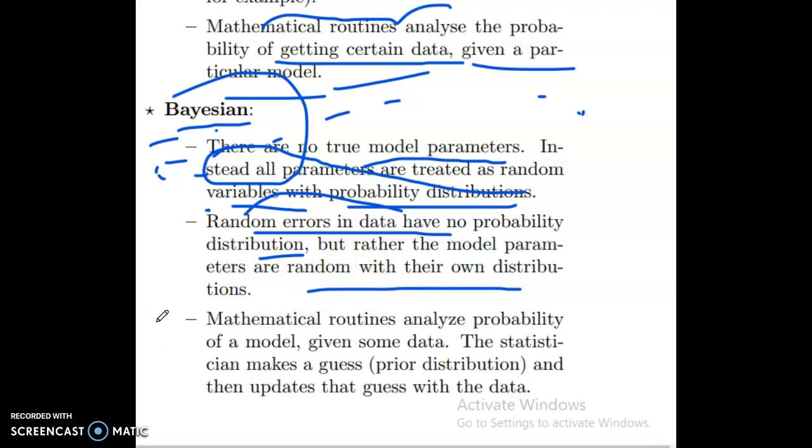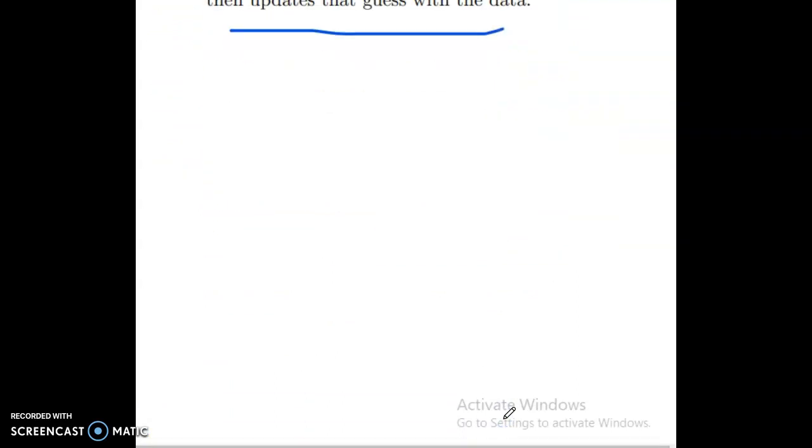Mathematical routines analyze the probability of a model given some data. The statistician makes a guess at the prior distribution and then updates the guess with the data.